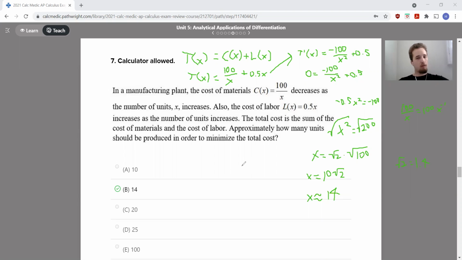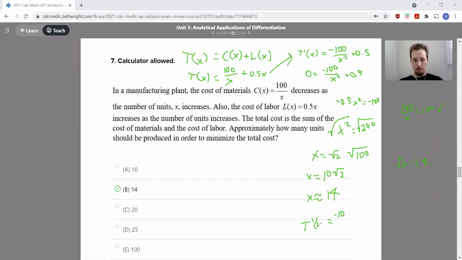We have to figure out, wait a second, in order for it to be a minimum, it has to start out negative and become positive. So we can test a number, we can test t prime of 10 and see if it's negative or positive. Actually, it's better to test a point closer.